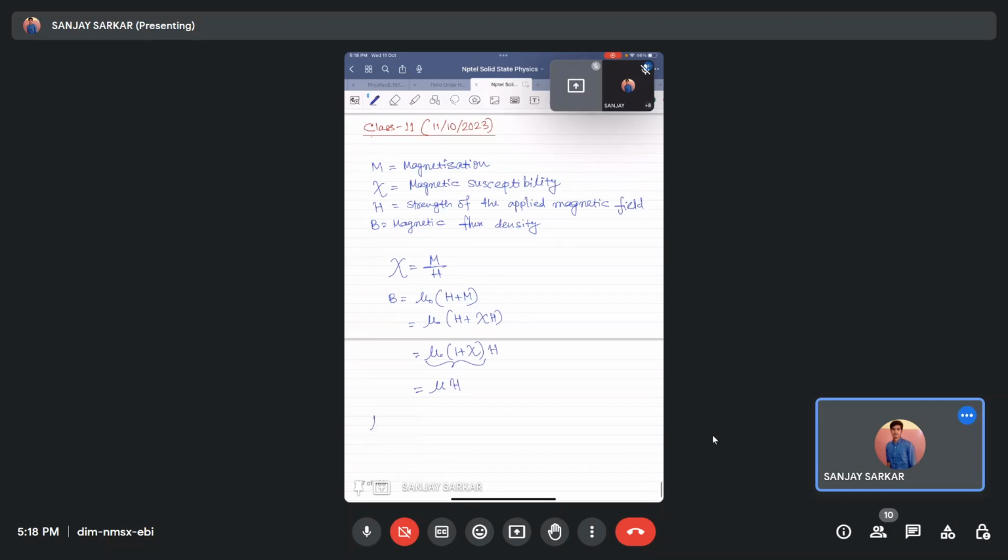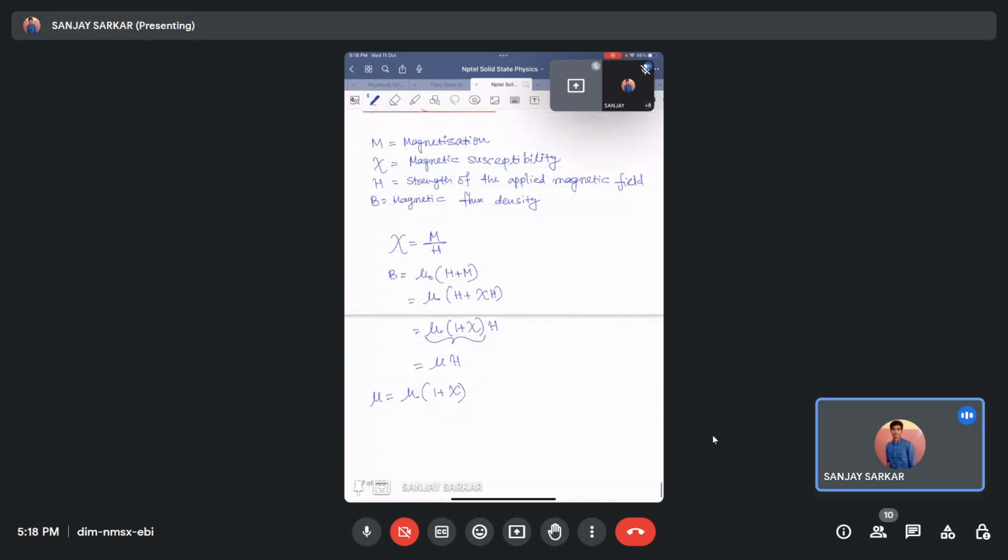So mu is equal to mu naught into 1 plus chi, and this is called the absolute permeability of the medium which we are talking about. Then there is also the relative permeability, defined as mu r, and mu r is mu by mu naught. That is mu equal to mu naught into mu r.